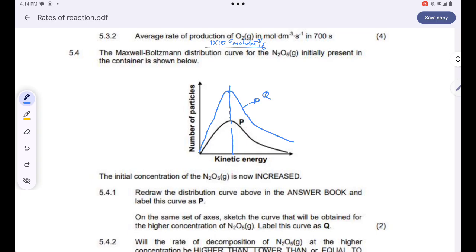Why? Because the number of particles has increased. Remember that, guys, by increasing concentration, we are increasing the number of moles because they are directly proportional. When I'm increasing the number of moles, I'm basically increasing the number of particles.